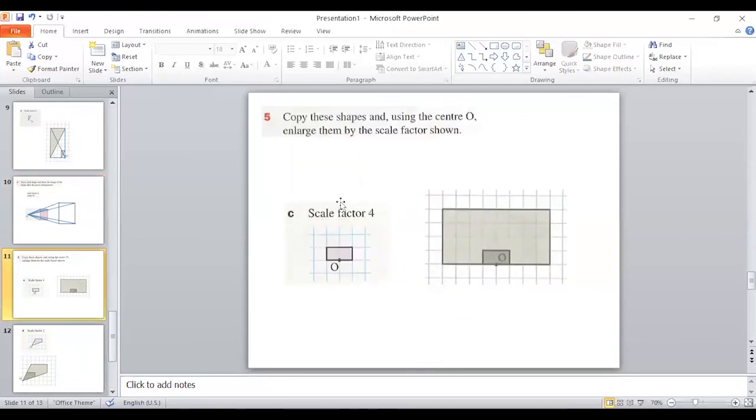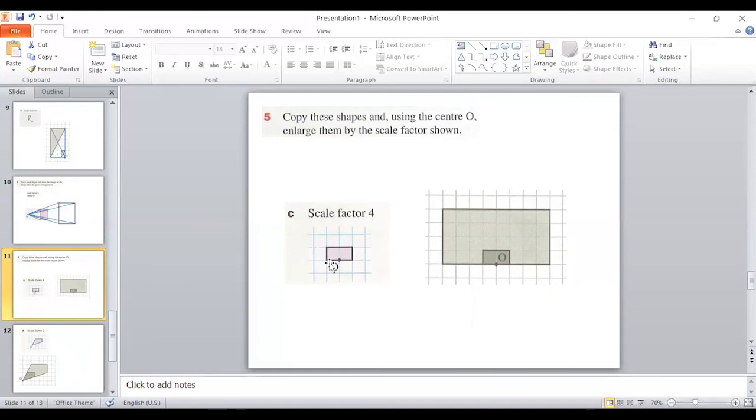Exercise 5. Copy these shapes and using the center O, enlarge them by the scale factor shown. Here it is a rectangle and the center O is in the inner part of this rectangle. The scale factor is 4. You will multiply each of these sides by 4.